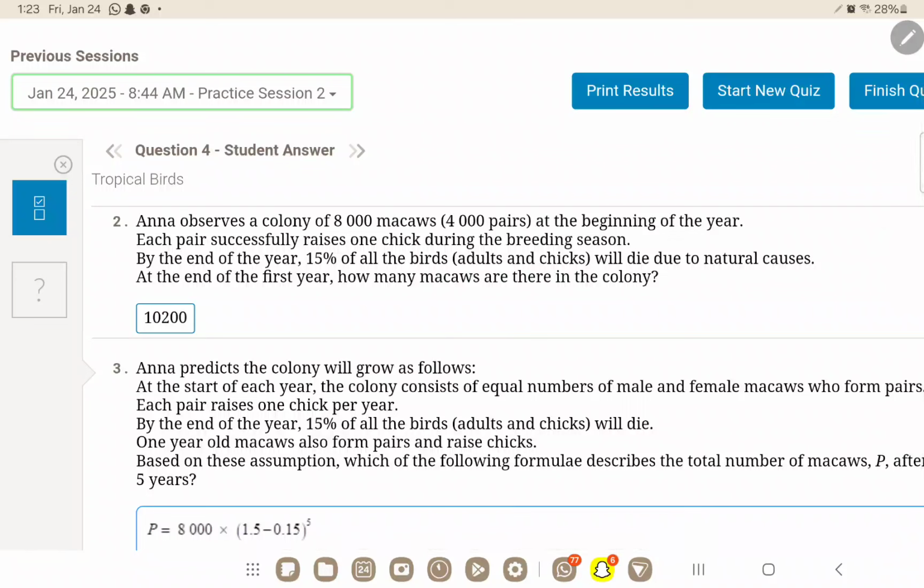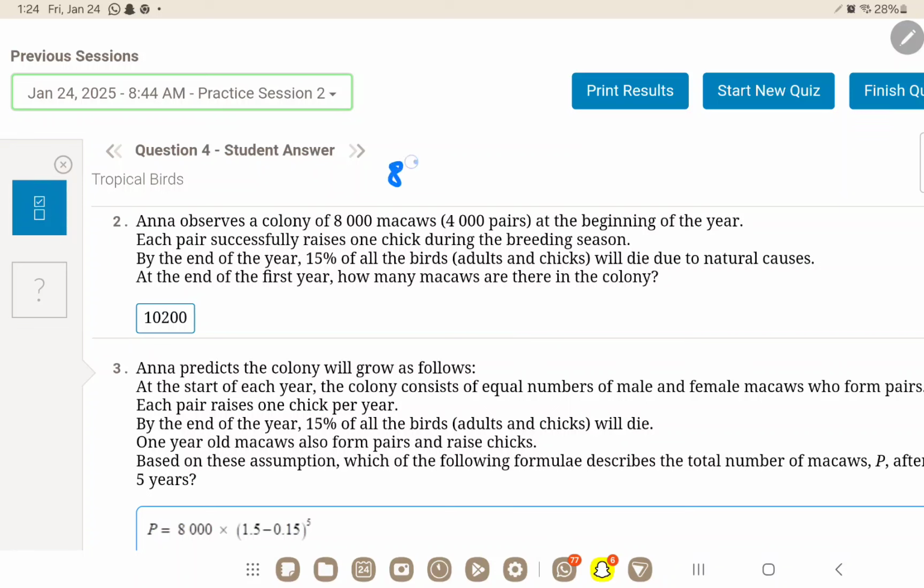Now Anna observed a colony of 8,000 macaws, 4,000 pairs, like 4,000 males and 4,000 females. At the beginning of the year, each pair successfully raised 1 chick during the breeding season. By the end of the first year, 15% of all the birds will die because of natural causes. How many macaws are there in the colony?